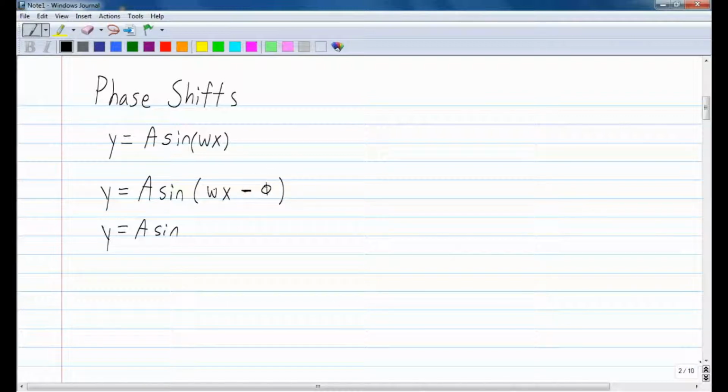But remember, these are usually numbers. And the way that you can factor a number out if the number is not present is dividing by that number. So the way this would factor, I'd factor the omega out, and that'd leave me with x minus phi divided by omega.